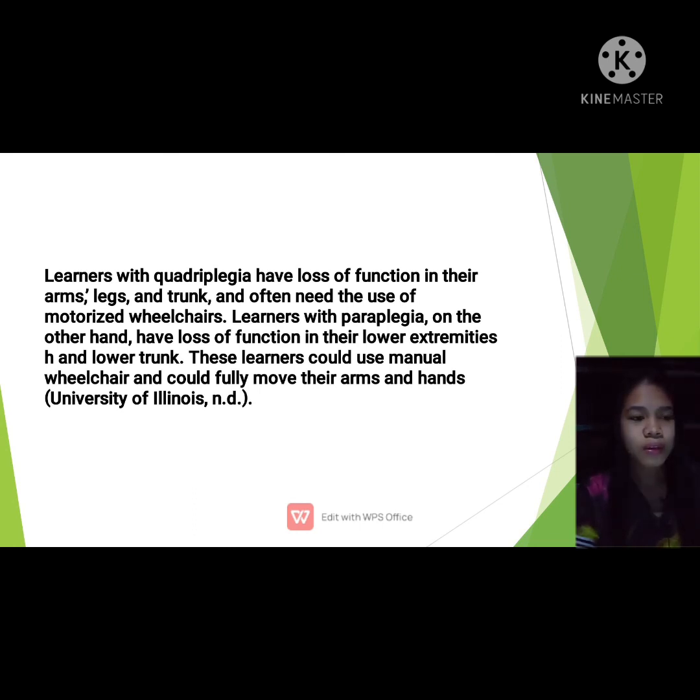Ayan. So, dito sa students with quadriplegia have limited or no use of their arms and hands and often use motorized wheelchairs. The wheelchair is one of the most commonly used assistive devices for injuries resulting in quadriplegia or paraplegia.